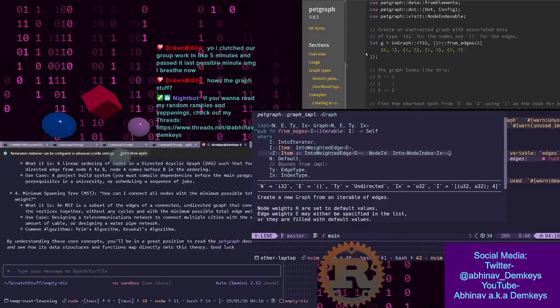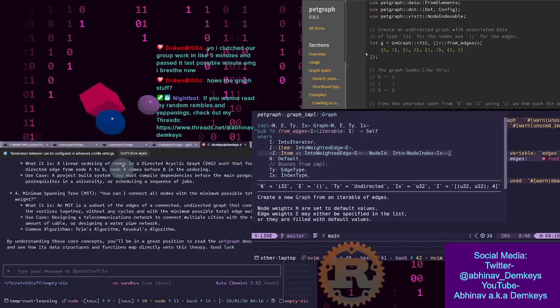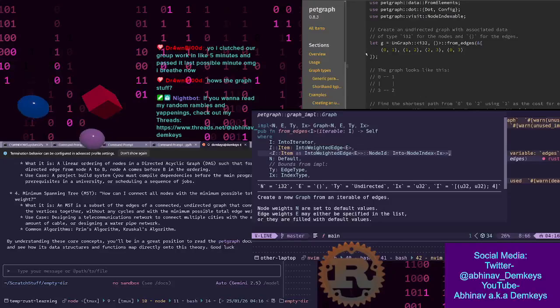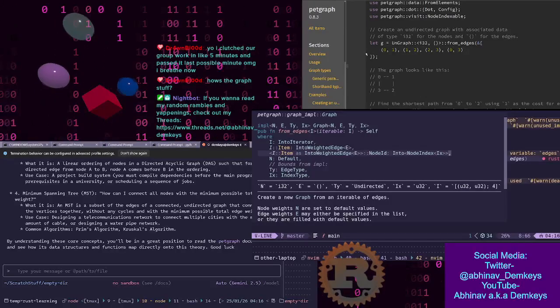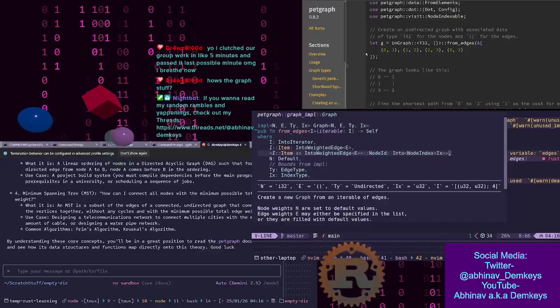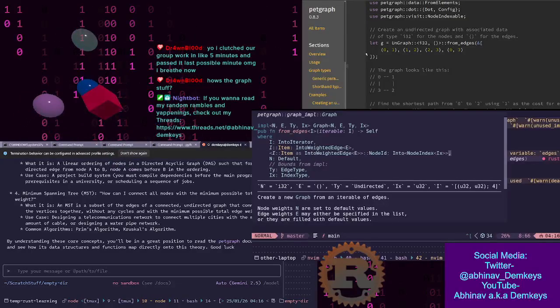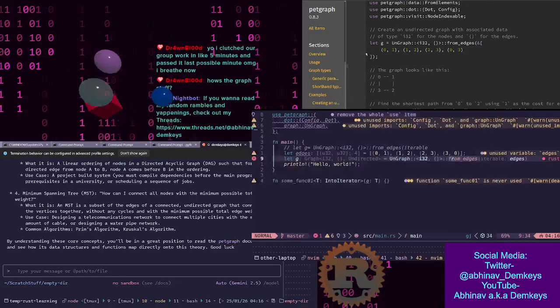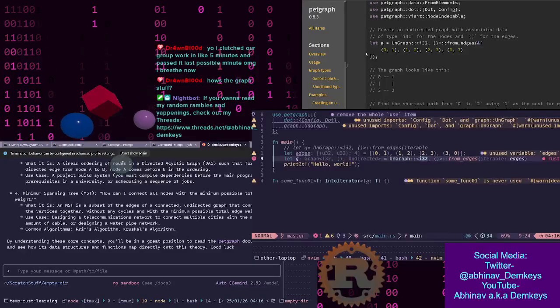Impl graph, I'm guessing from edges is a function implemented on graph, though I'm calling it from this kind of thing. Hold on. I'm calling it from this. What exactly is this?